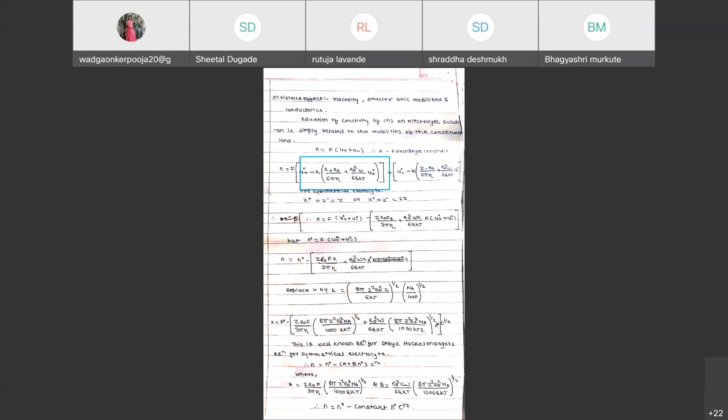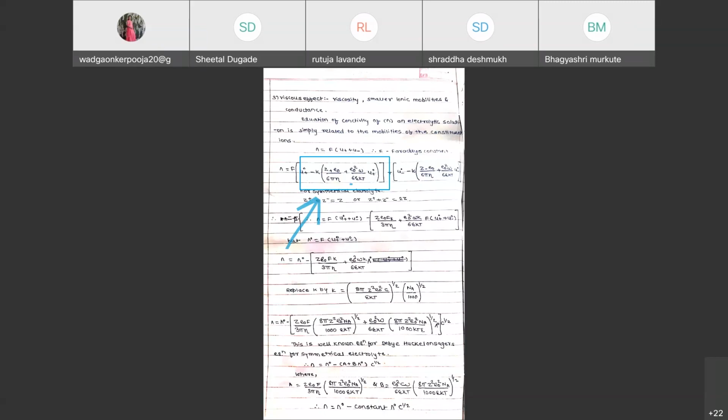So whatever this u plus is here, what is that value? Simply, for a symmetrical electrolyte, symmetrical means what? It can have the same number of cations and the same number of anions. And now u plus zero equals minus k into z plus e0 upon 6 pi eta plus e0 into omega, or you can say w, by 6 epsilon kt into u plus.